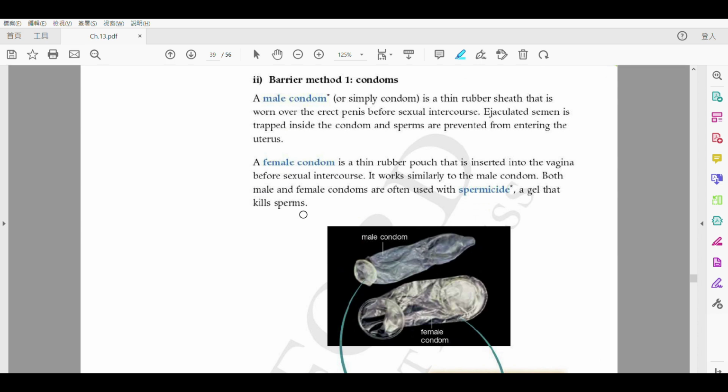OK so last thing is that 嚟啦 the next one is very common OK and this one is the barrier method. 咁第一個啦 this one barrier method, barrier that means 障礙物 alright 有一種嘅屏障嘅 alright and this one very often 你哋都會聽到啦就會 condom 啦 so there is actually a male condom and a female condom so definitely female condom is a lot less common OK 好啦咁由 male condom 係啲咩嚟嘅咧 it is just like a rubber sheath.